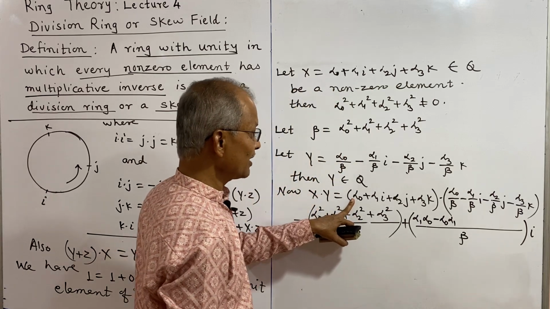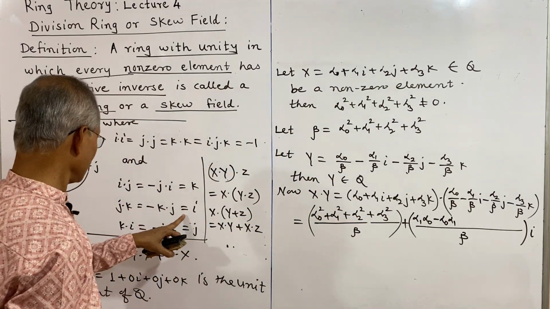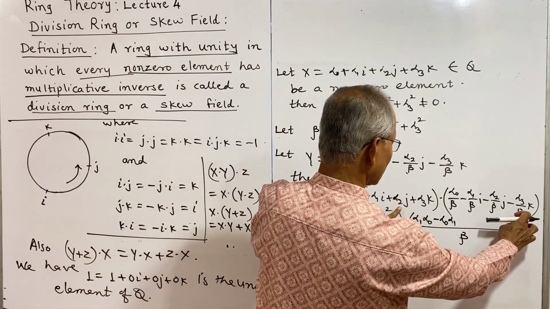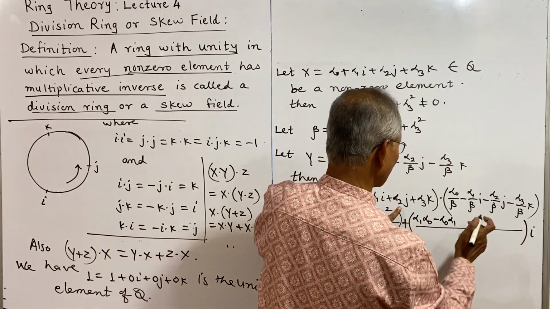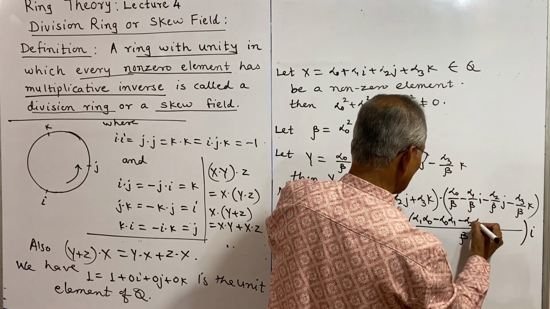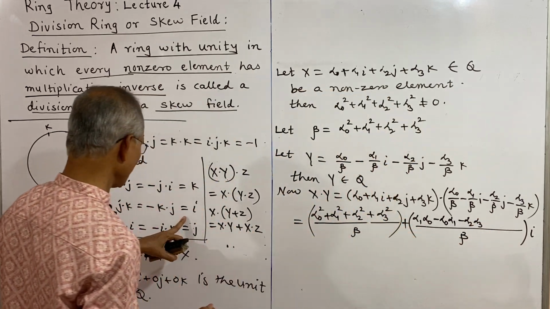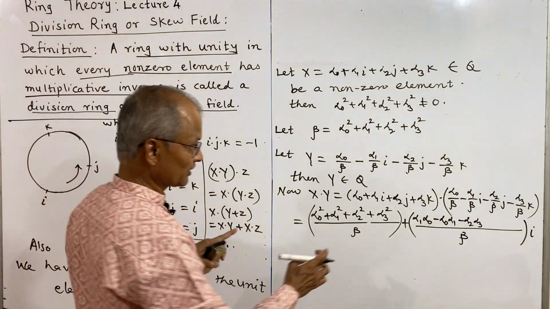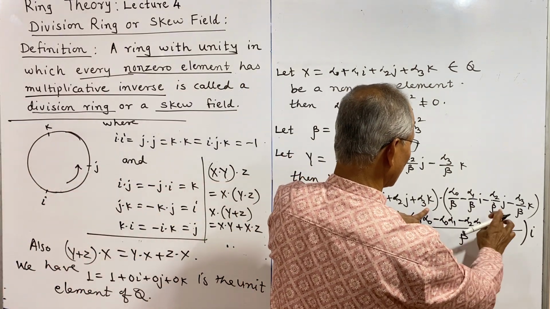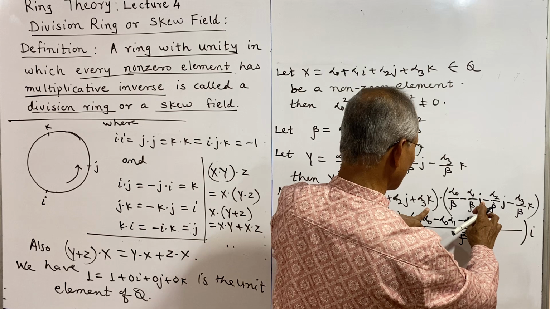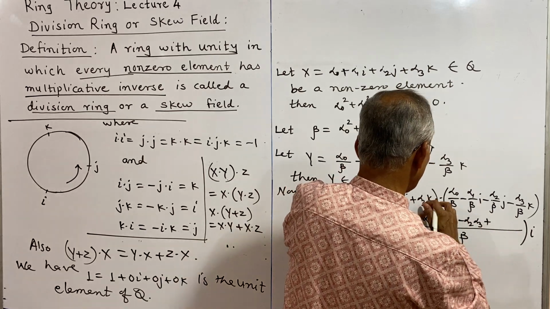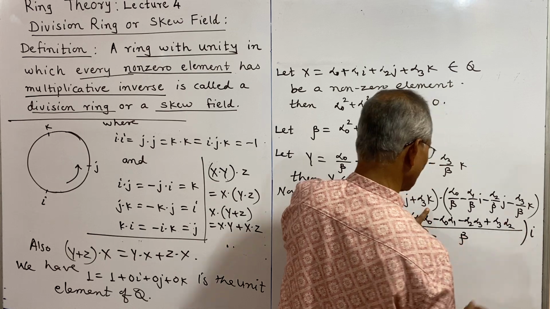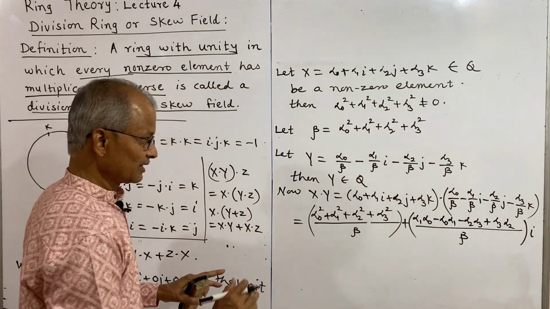And similarly the component of i is obtained from this jk. See, jk, that is minus alpha 2 alpha 3. And again the component of i is negative kj, and its negative means it becomes positive, plus alpha 3 alpha 2, and that is the i component.